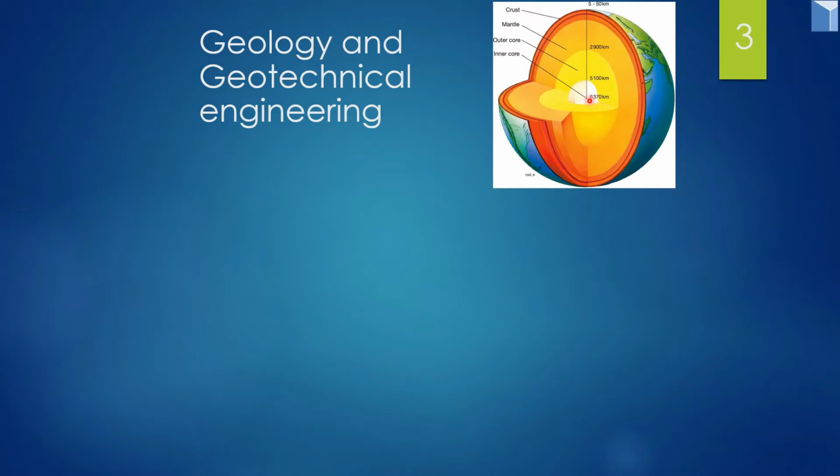centralizes the planet Earth. So we have materials in different states. We have the crust, which is in a solid state. We have the mantle, which is in a liquid state under high pressure and temperature.